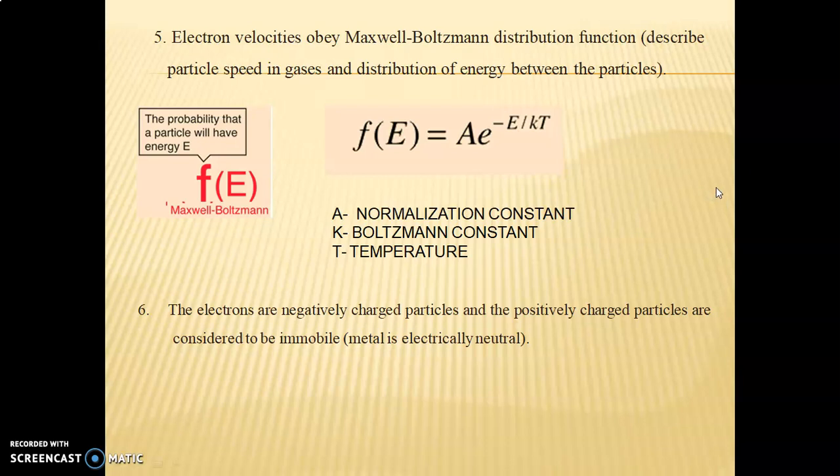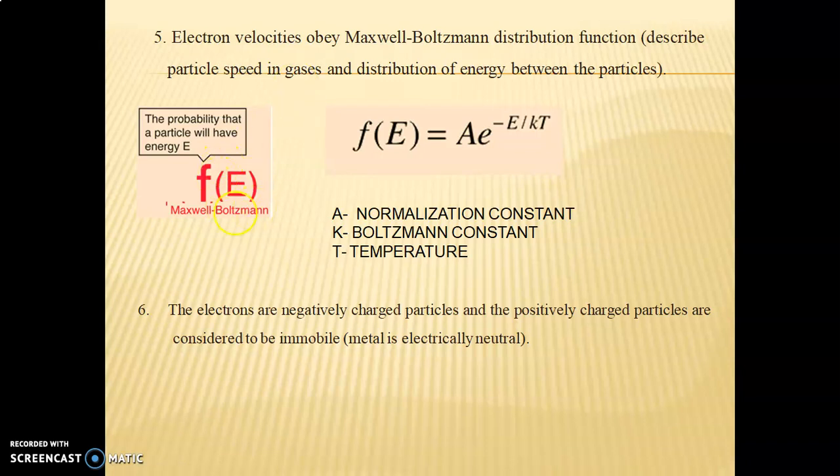Fifth postulate: electron velocities obey the Maxwell-Boltzmann distribution function. f(E) represents the Maxwell-Boltzmann distribution function, mathematically f(E) = A e^(-E/kT). What is the physical meaning of this function?